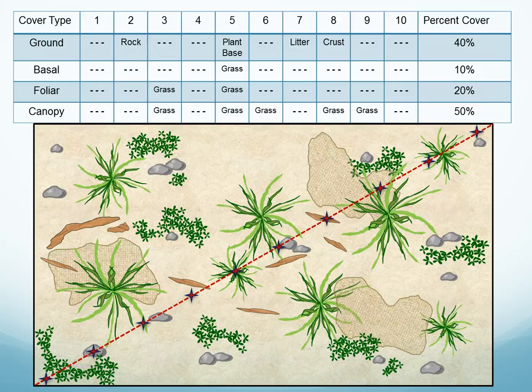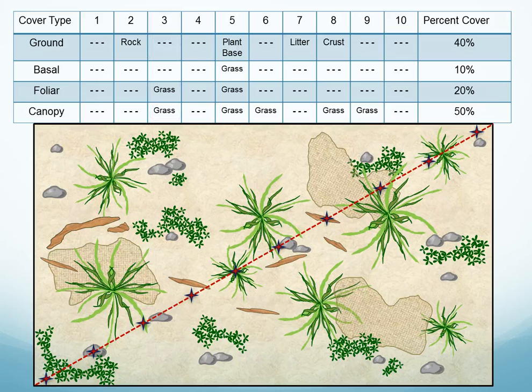For the next point, in this case, the point hits a leaf, and so it's recorded as foliar hit, and also because foliar hits are included in the canopy of the plant, it's also recorded as a canopy hit on grass. In this case, there was no ground cover recorded because it hit bare soil.